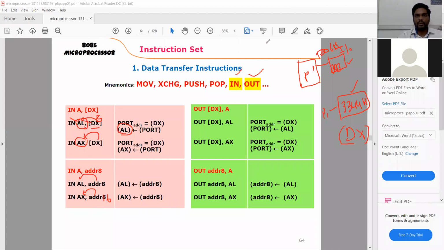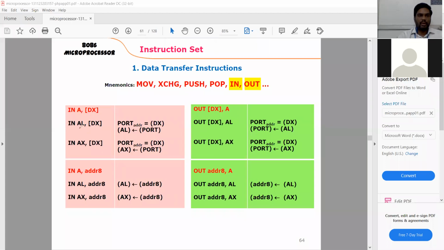We can perform these input and output operations in two ways, either through the DX register, or directly with the port address into the register.